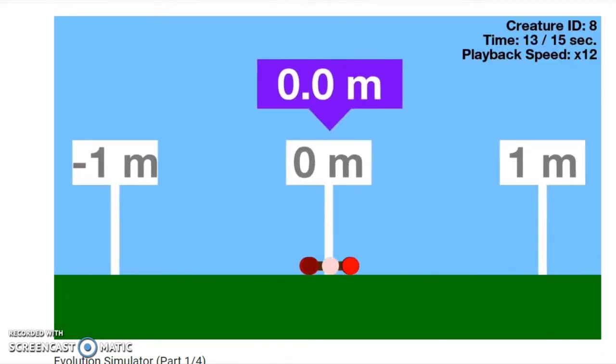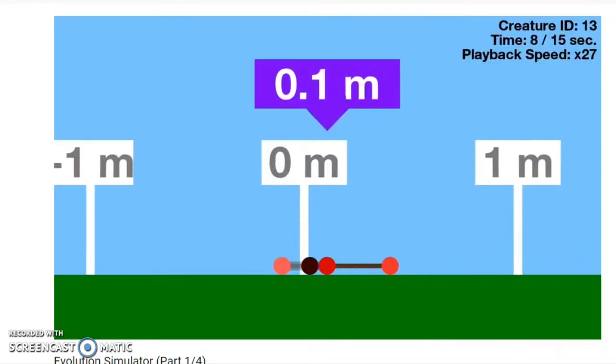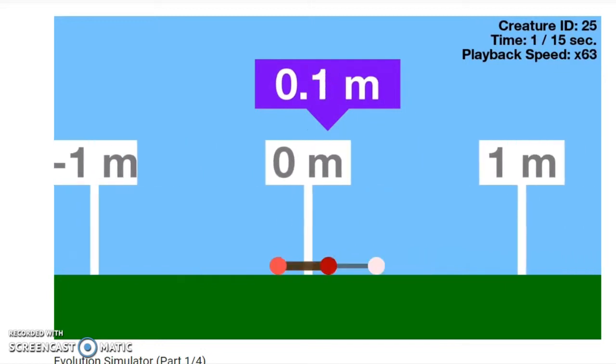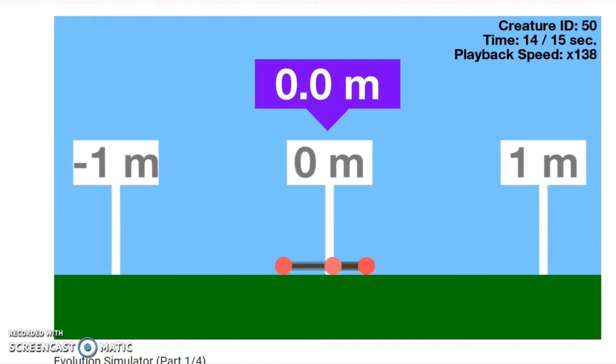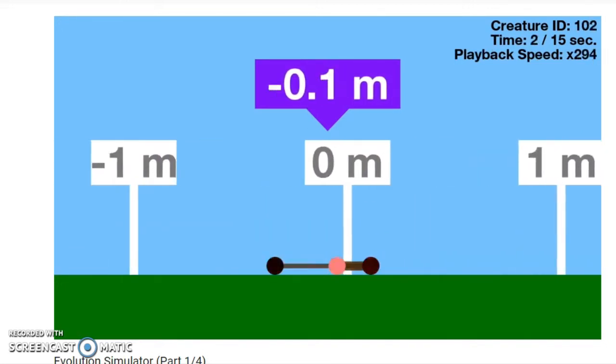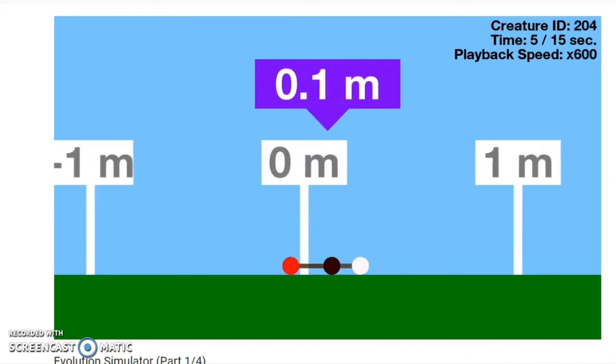That is, if you don't count the ones that don't move at all. Oh, I forgot to mention that a creature's position is determined by the average position of their nodes. So a creature can't just fling one of its nodes really far forward and get an unfair advantage that way. Now we've seen 10% of the creatures, but don't worry, it's gonna speed up really fast from here.